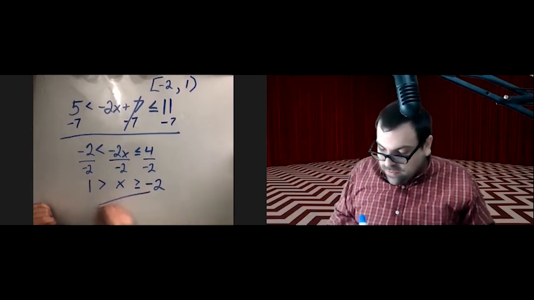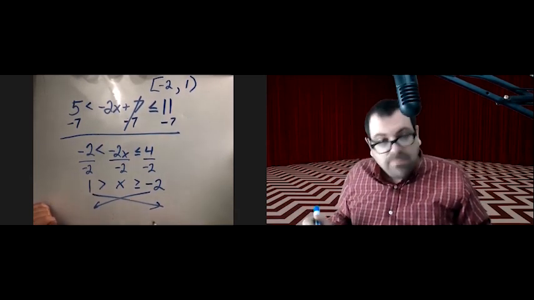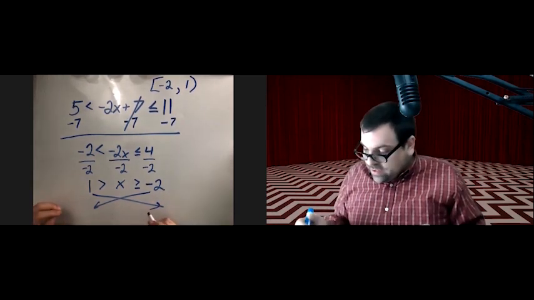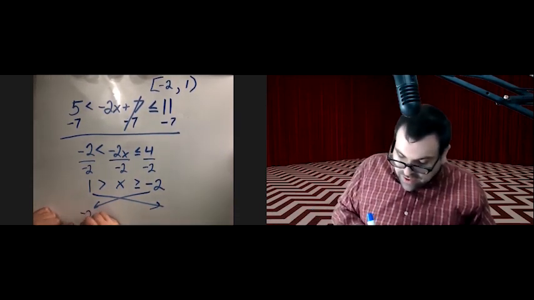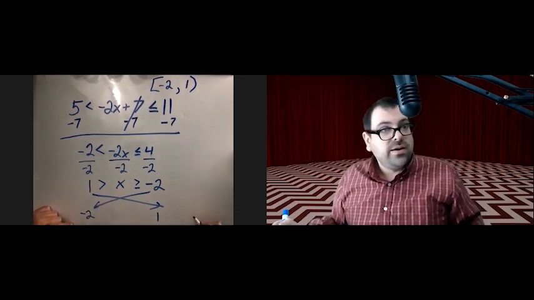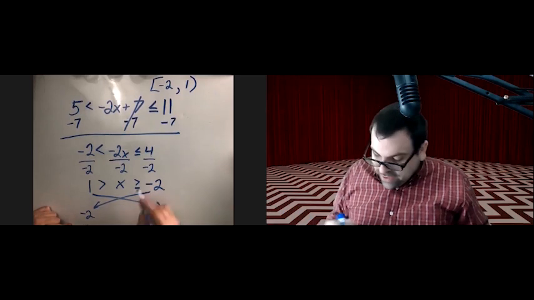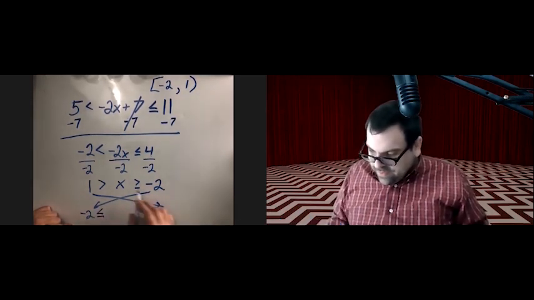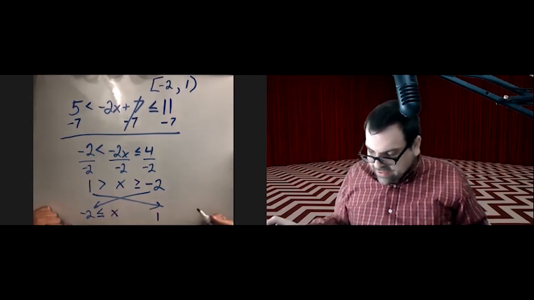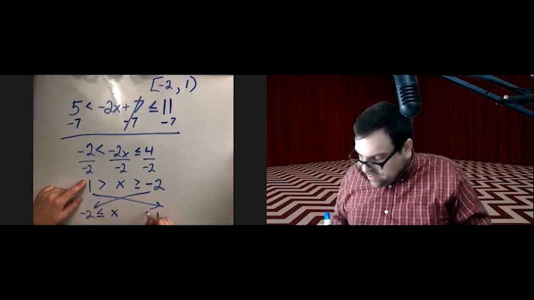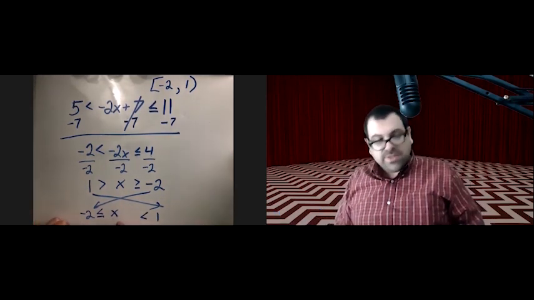Because now, if we swap everything the way we do when we bring the signs with it, the -2 can come over here, the +1 can go over there, and the point stays with the -2. The big end stays with the X. Likewise over here, the big end goes with the 1. The point stays with the X.